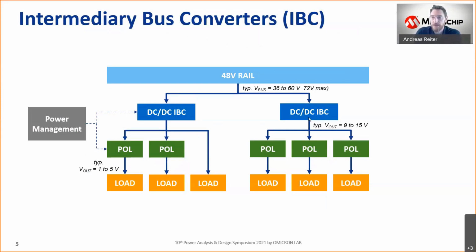Then it goes further down to the points of load, which are either directly the voltage regulator module for a high-speed load or other conversion points for whatever load. Voltage levels at the point of load are usually between 1 and 5 volts.